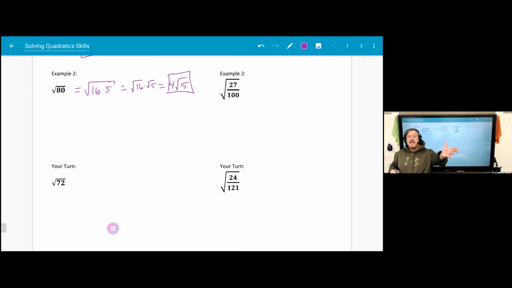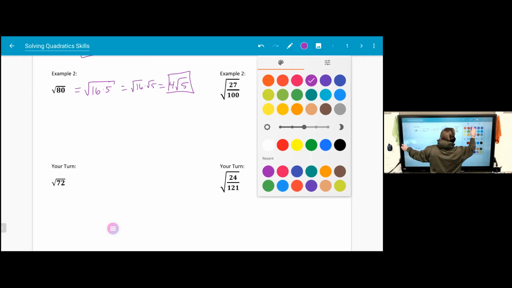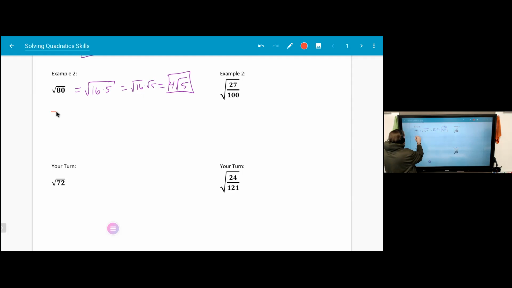Let's say you don't see that right away. Let's say you're like, how about 4? Well, I could do 4 times 20. I'll do a different color for this one. I could make this the square root of 4 times 20. And 20 is 4 times 5.